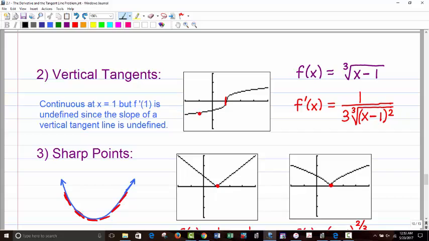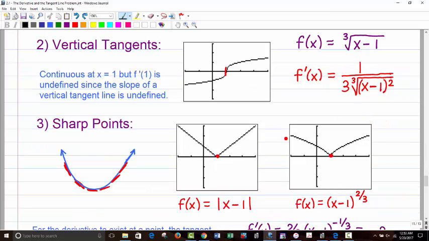The graph is actually continuous, but you have a point where the tangent slope is perfectly vertical, and so it's undefined, because slopes of vertical lines are undefined. Now we don't know how to come up with this derivative yet, so you'll just have to trust me. I'm not going to do it now, but it's right, and you'll be able to verify it yourself later.